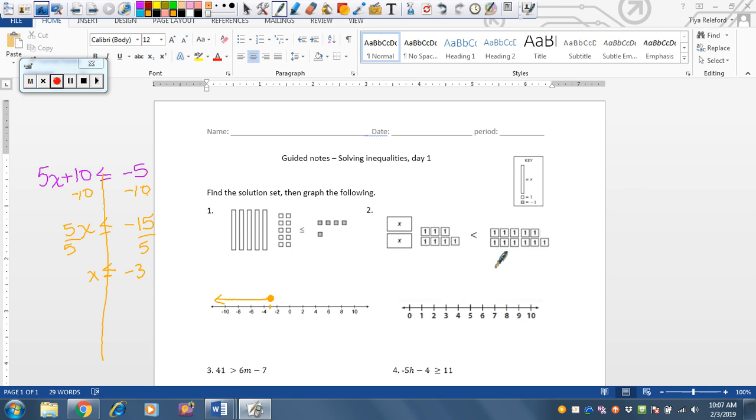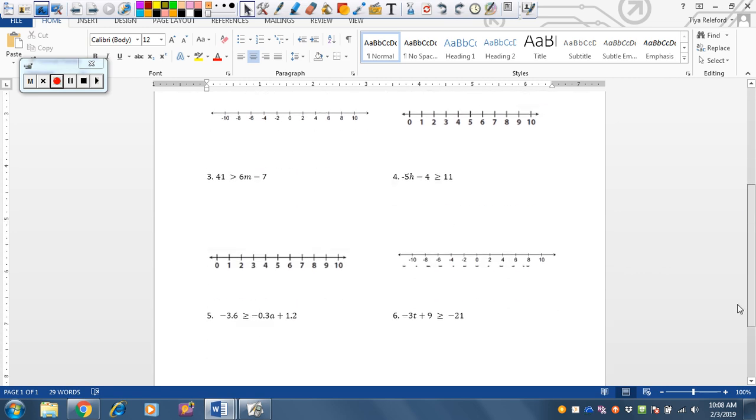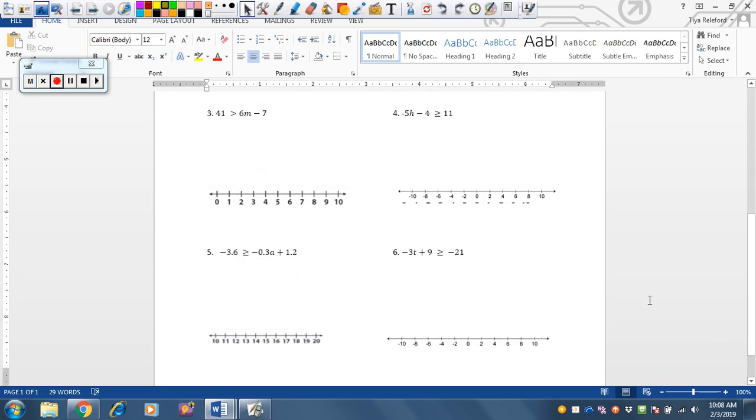And I'm going to let you do number 2 because there's nothing special about that. No sign flipping, no craziness. I'm going to let you do number 3. I want to talk about number 4. I'm going to rewrite it because I write too big to use these tiny ones.